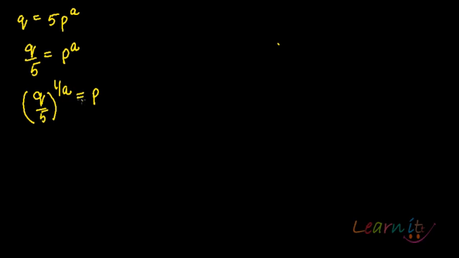Can I simplify this? Yes, I think I can, because I can write this as q to the power 1 by a upon 5 to the power 1 by a is equal to p.